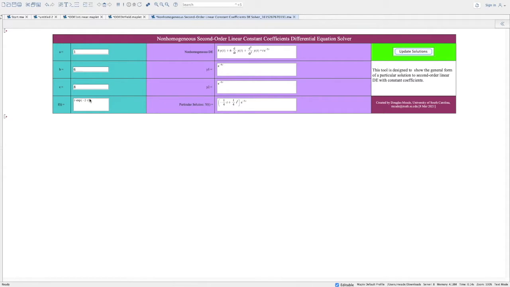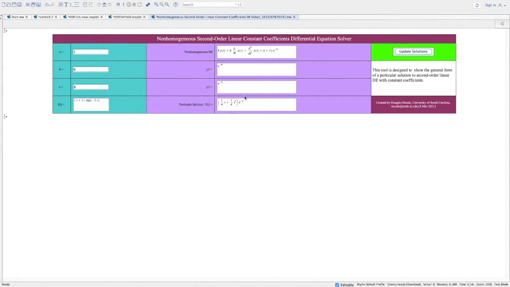If I change the problem a little bit here and add a lower order term to this, so I change the right hand side from t to t plus 1, and then update the problem, then I see that the coefficients change, but I still have the linear and quadratic times e to the -2t.